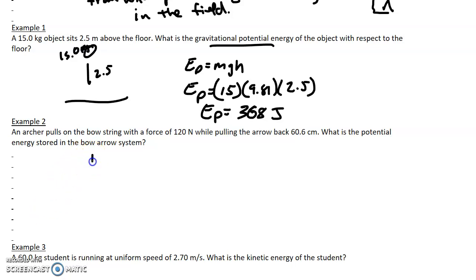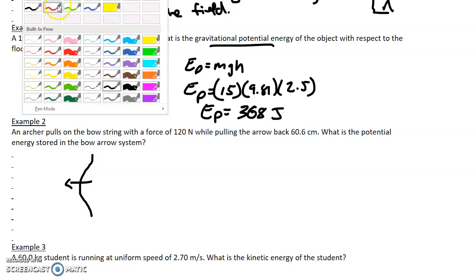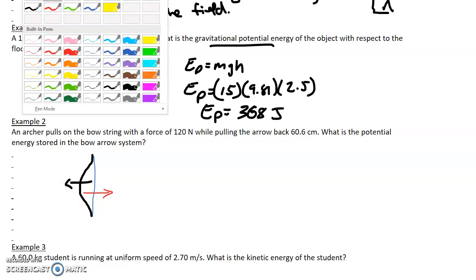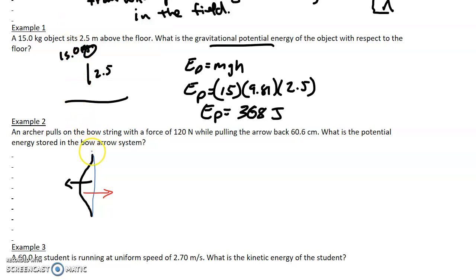Now, in the case of the bow and arrow, if we've got a bow that is put here, and then some sort of force is going to act upon it. So we have a force that's going to bring it back to this point here, as the arrow sinks in.